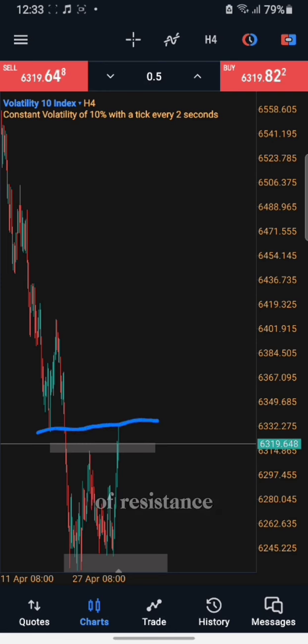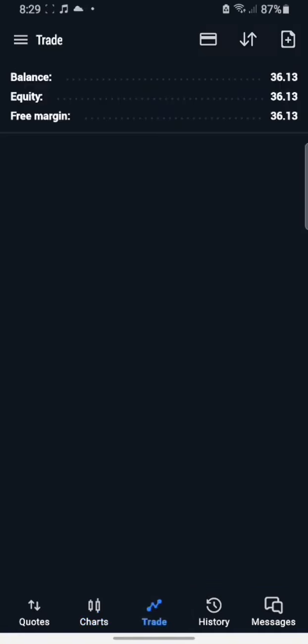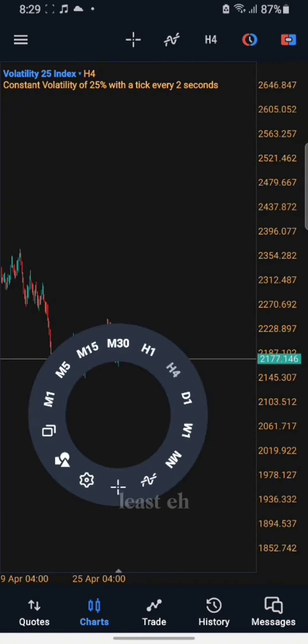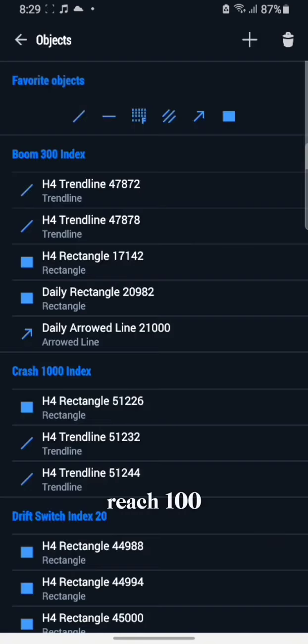At this area of resistance, the market reached that point and then it closed the trade, as you can see by the line that I've drawn. So now we are at $36 profit, which is a lot. We are going to look for other trades. This time we're aiming to at least reach 100, but let's see what we can get from the forex market.